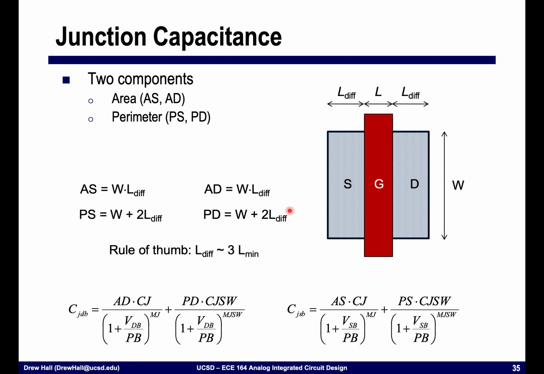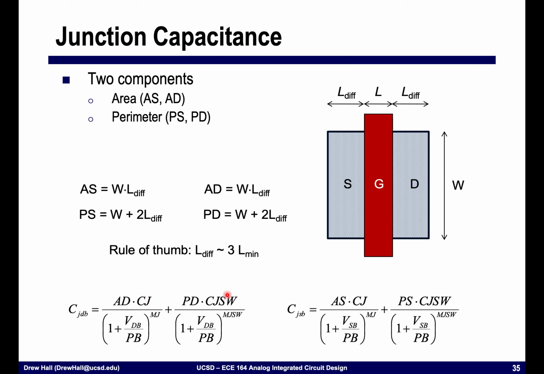The exact same equations apply over here towards the drain. And then I can use the diode equation for a reverse bias capacitance in order to calculate the total junction capacitance, CJDB and CJSB. So we calculated AD. This is the junction capacitance coefficient.